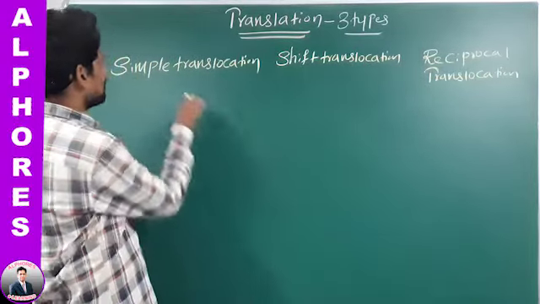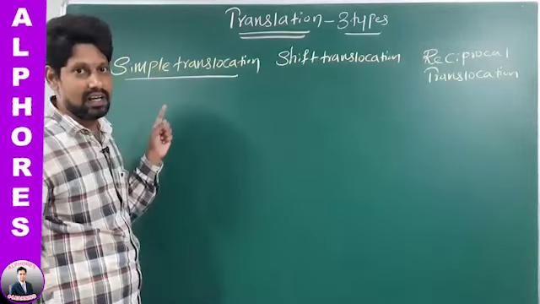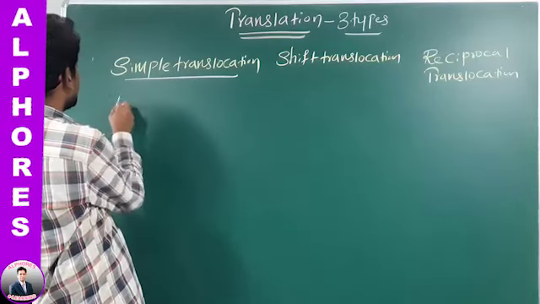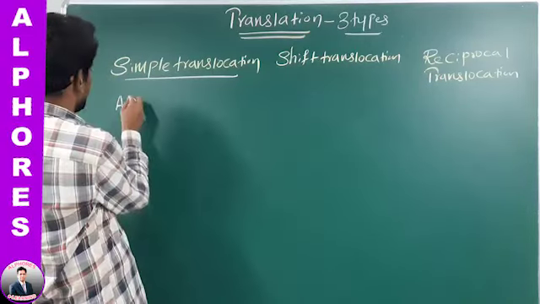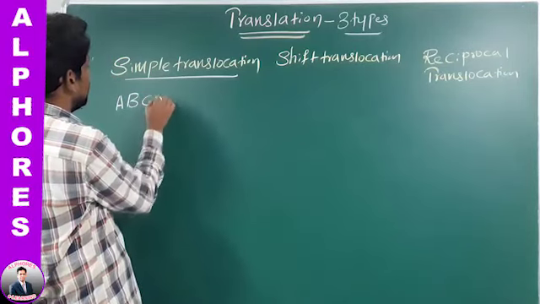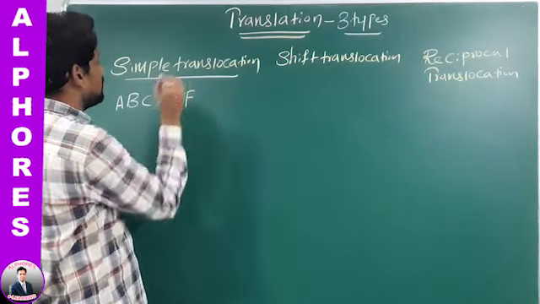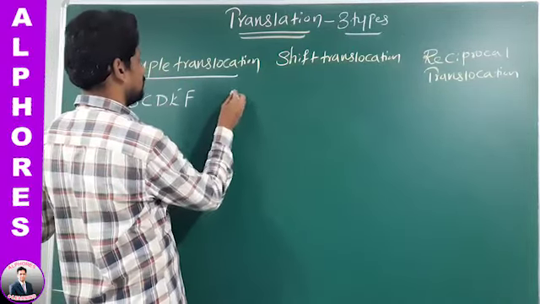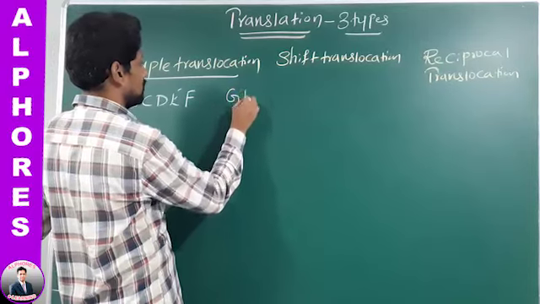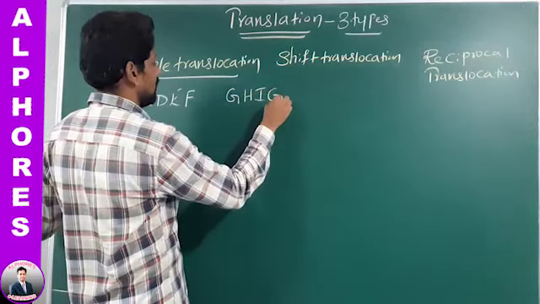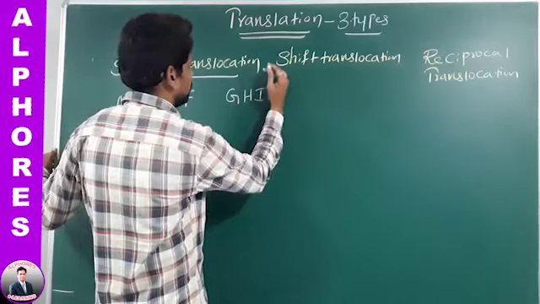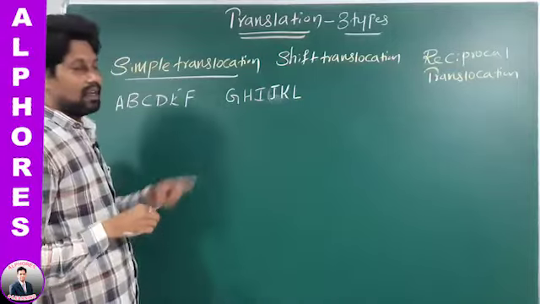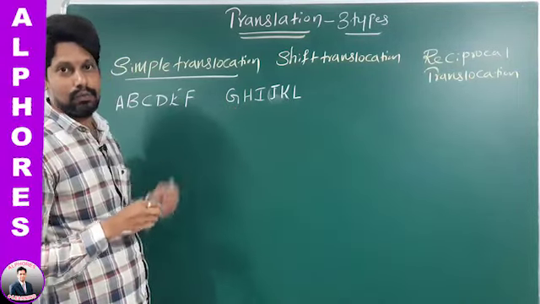Go for the first one. What is it, sir? Simple translocation. Now see here. I am taking two chromosomes. A, B, C, D, E, F is one chromosome. I am writing the next chromosome, G, H, I, J, K, L. This is another chromosome.